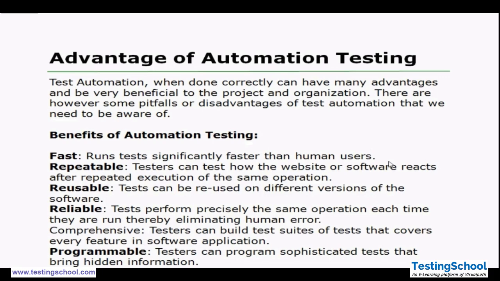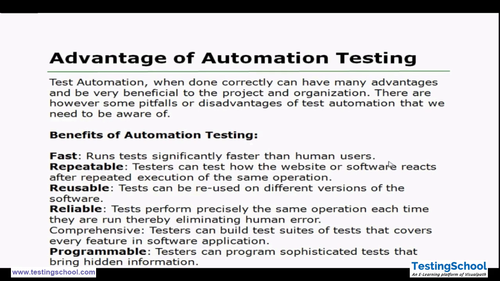Then it is repeatable. So a tester can test how the website software reacts after repeated execution of the same operation. Once your script is ready, you can repeat your script any number of times. Then the reusability factor is there. You can reuse your scripts multiple times.